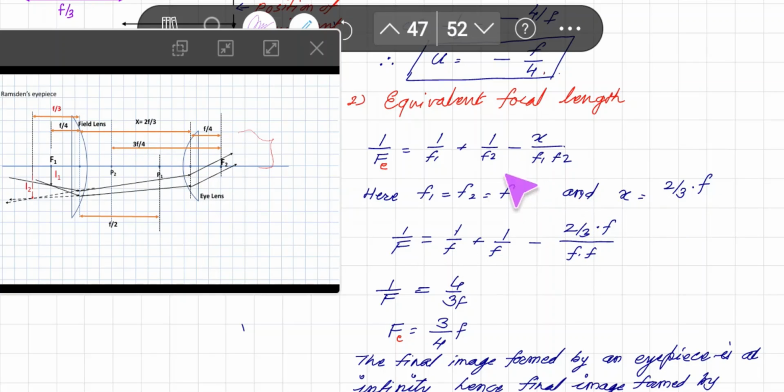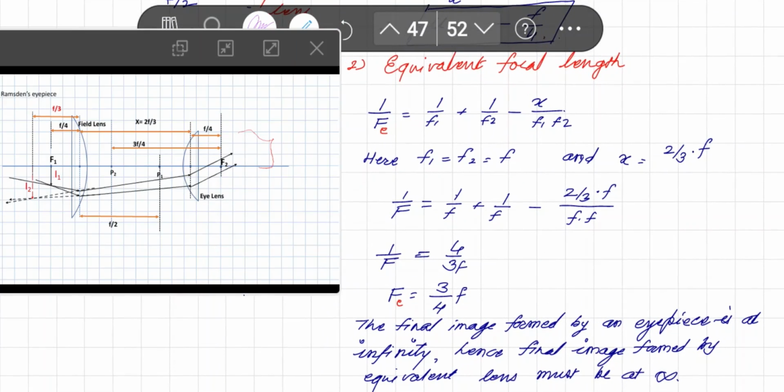Putting those values, we get 1 upon f is equal to 4 by 3f, and therefore the equivalent focal length fe is equal to 3/4 of f. So the equivalent lens will have a focal length 3/4 of f.